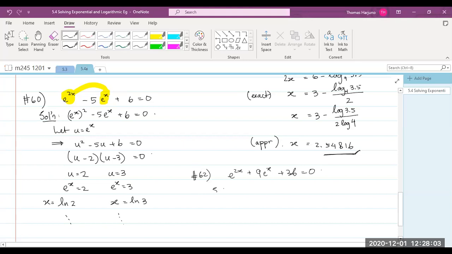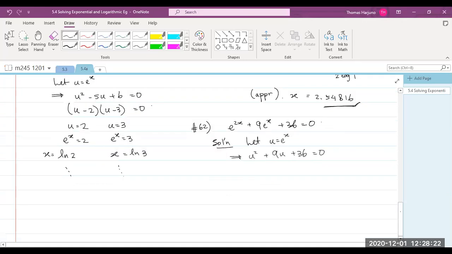For the solution, I let the substitution u be e to the x, right? So then my equation becomes u squared plus 9u plus 36 equals 0. Now, I don't think this is factorable. I don't even want to do completing the square. So let me do the discriminant first.